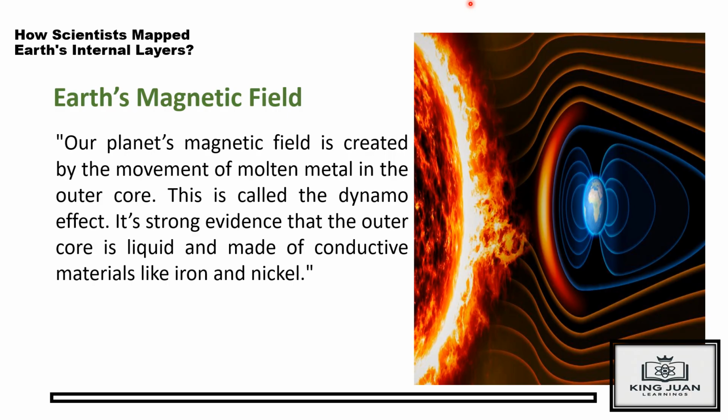This process is driven by heat escaping from the core and the Earth's rotation. The unstable nature of the geodynamo also explains why the magnetic field periodically reverses polarity. Normal and reverse polarity of the magnetic field will be discussed in separate detail in our next video episodes.